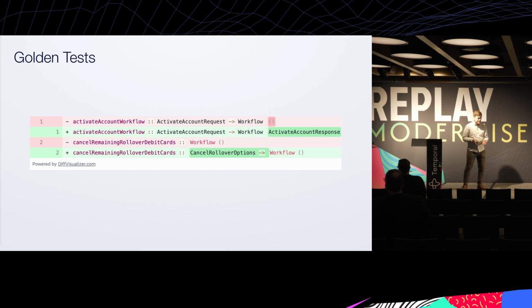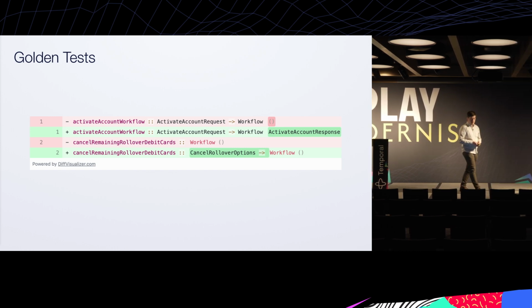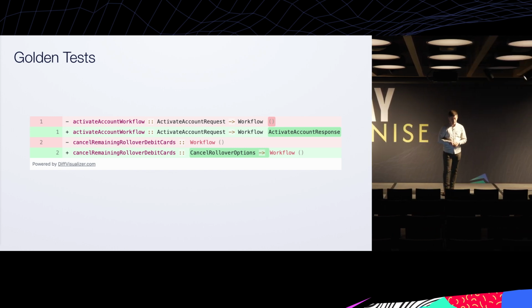So this is practically what this looks like. These are Haskell type signatures, which is how we output to this golden test file. You can see in the first example here, we are adding a response value where there was just nothing being returned previously. And on the second line, we are adding an argument to a workflow that didn't previously have an argument. Both of these have the potential to break stuff in prod, right?